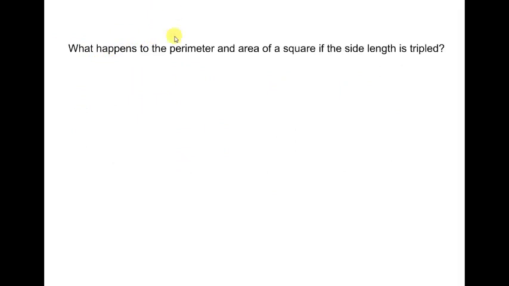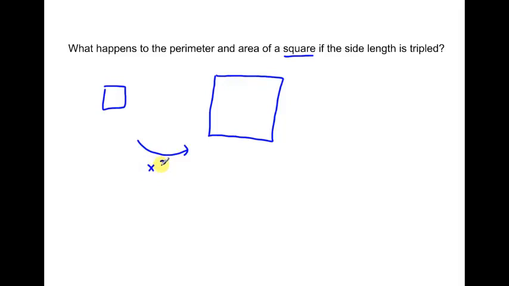In this example, we are going to compare what happens to perimeter and area of a square if we triple a side length. So we take a square and then we make it bigger by making it 3 times the side length. So our scale factor is times by 3. Well, it's important to understand that not just one side was times by 3, but all sides were times by 3.